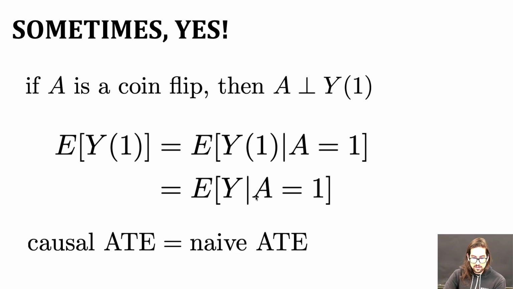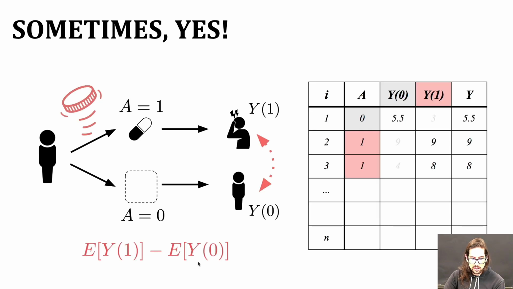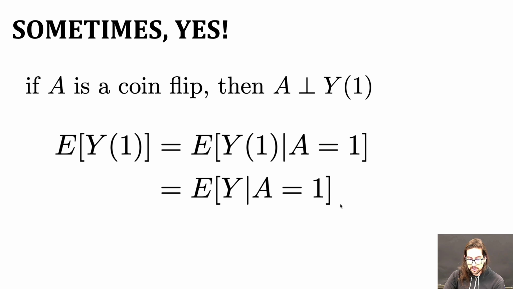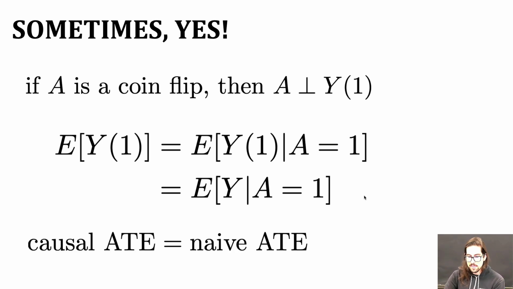And if I repeat this whole thing with y0, I can show that this equivalent quantity here is equal to the same thing, but with A equals 0. So if I take the difference of this minus the A equals 0 part, that's just the naive ATE, which is what we were saying last time sucks. It's bad, right? We can't use it because it's not actually paying attention to these potential outcomes.